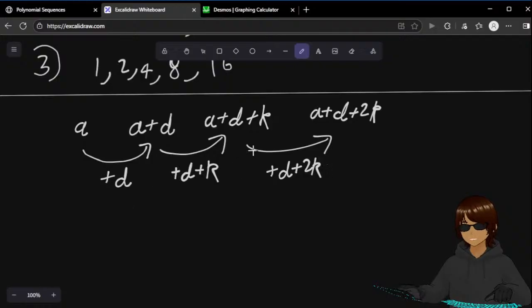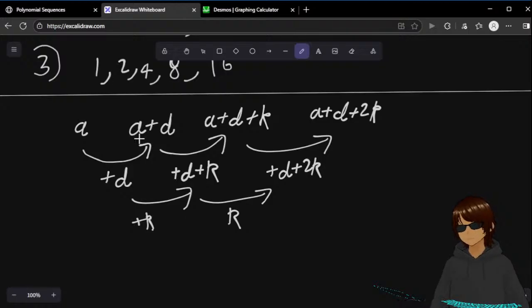So the pattern it's following is a plus d. No, I think there is something wrong here.